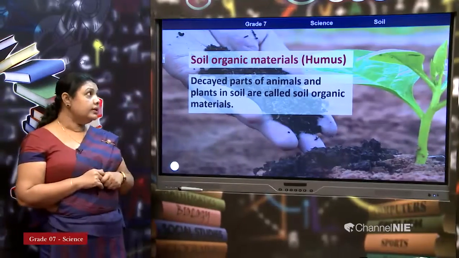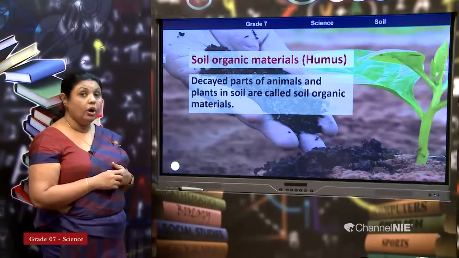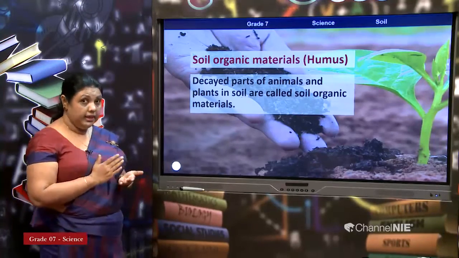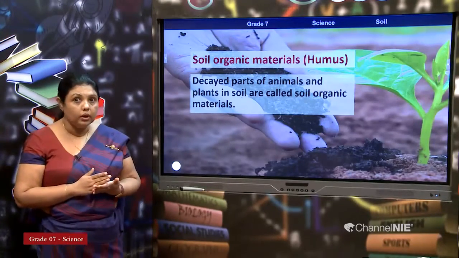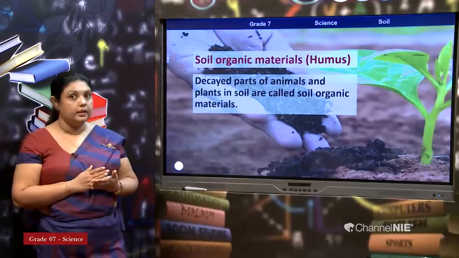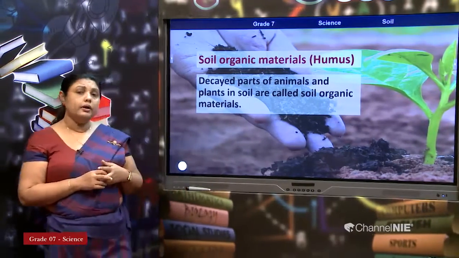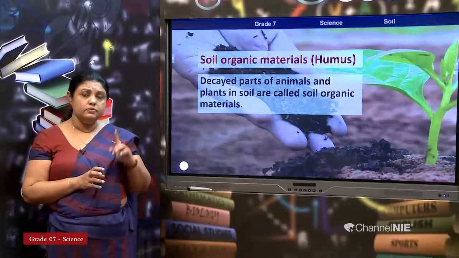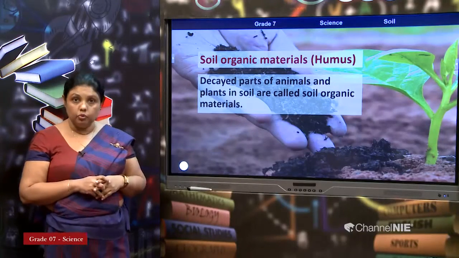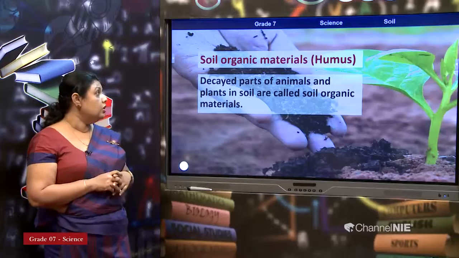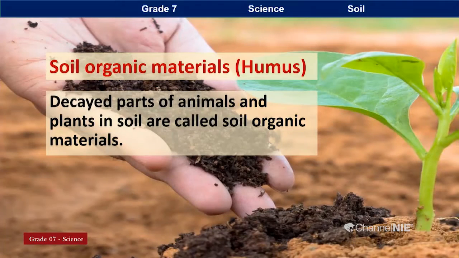The soil organic material is called humus, decayed. Decayed means broken down into particles with the help of microorganisms. Microorganisms are the small organisms which you cannot see with your naked eye. You know them. So, they decay, break down, and the organic material is formed.